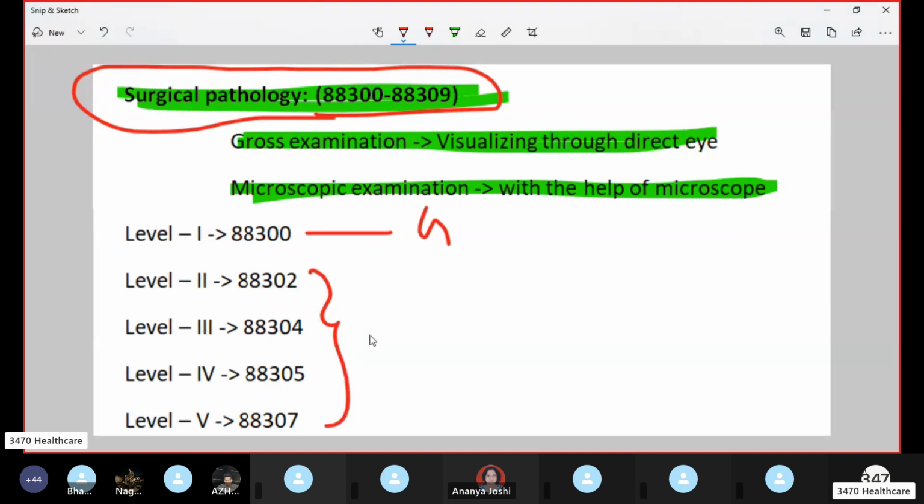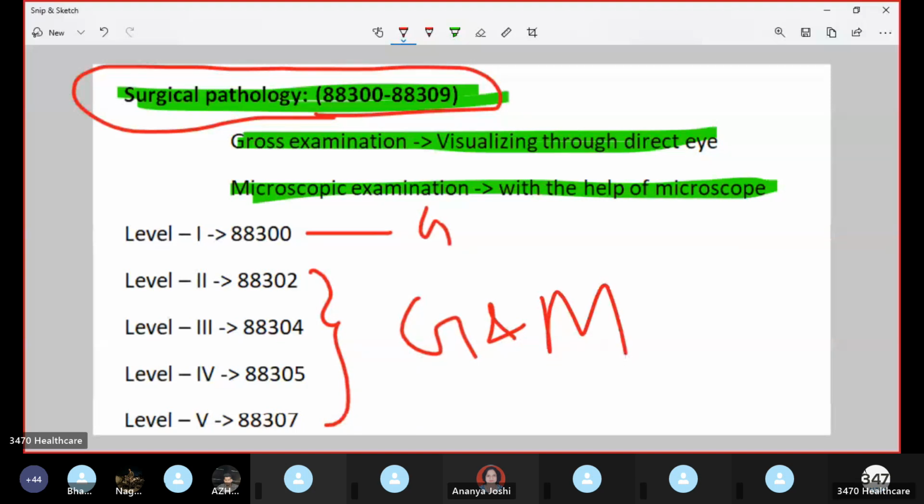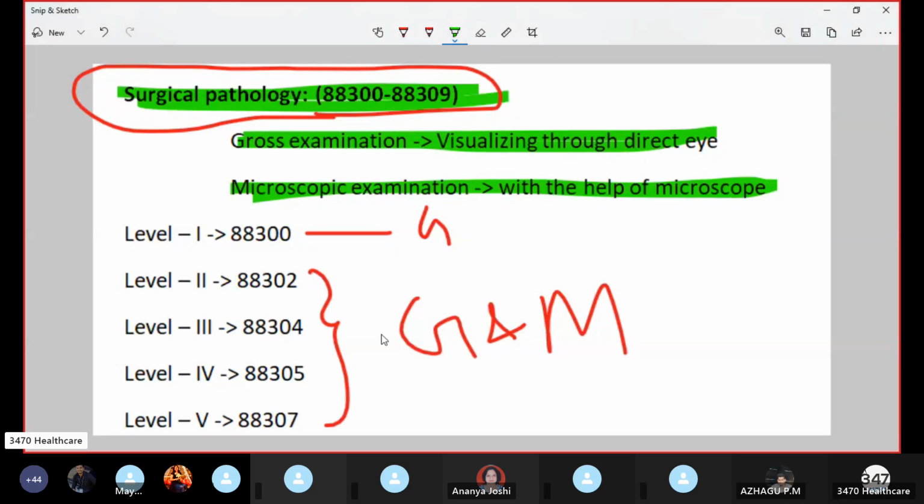Then level 2 to level 6 is gross and microscope.